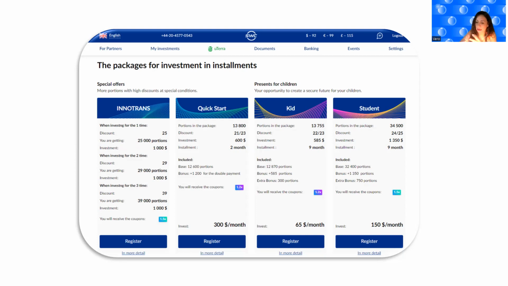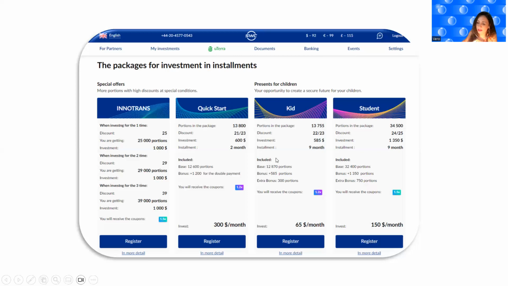For example, in the package Quick Start, by the amount of $600 in 2 payments of $3,000, you can acquire 13,800 portions.